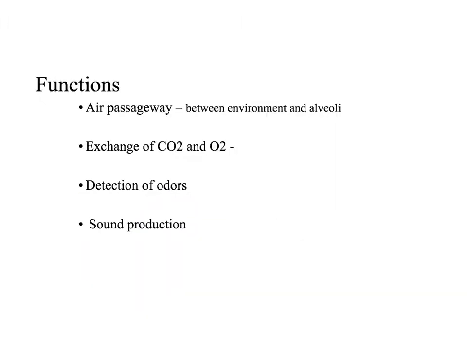Functions. The functions of the respiratory system are, it serves as an air passageway. It takes the air from the environment into the alveoli, and from the alveoli it goes to the blood.